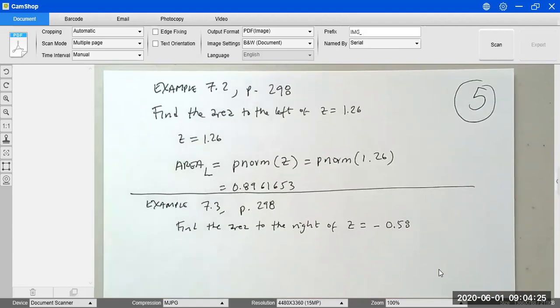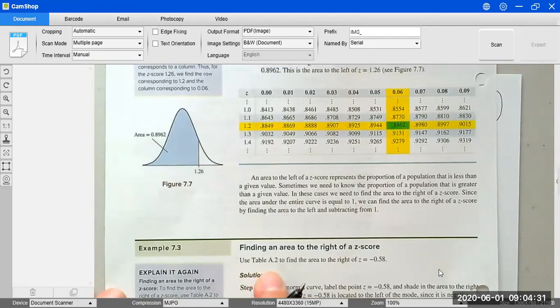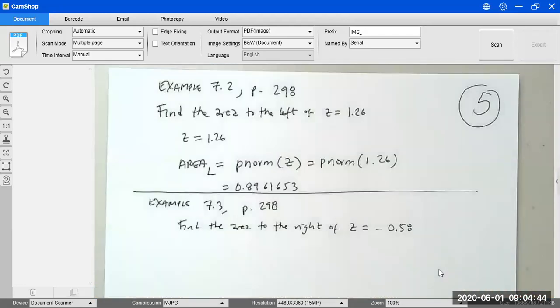So that's example 7.3. It's over here, and they are suggesting to use the same table to find the area, because tables in this book give you the area to the left. So we need to do just an extra computation.